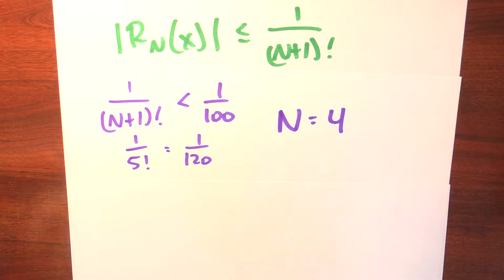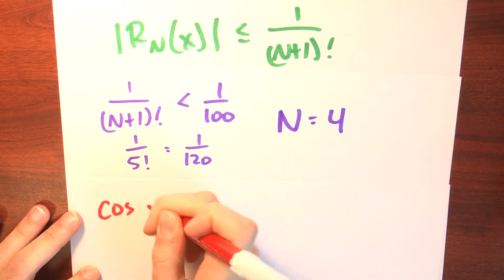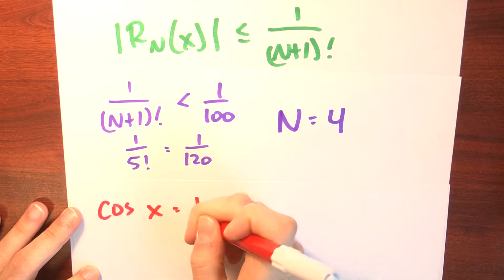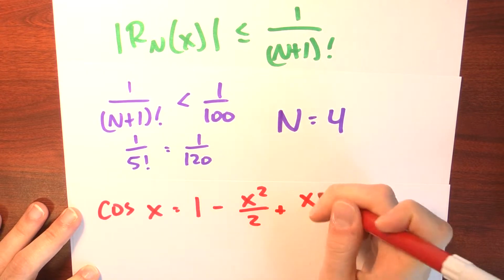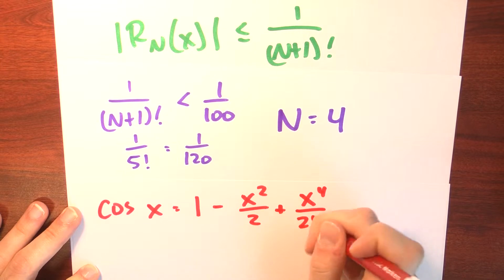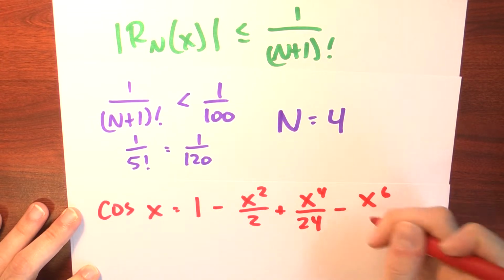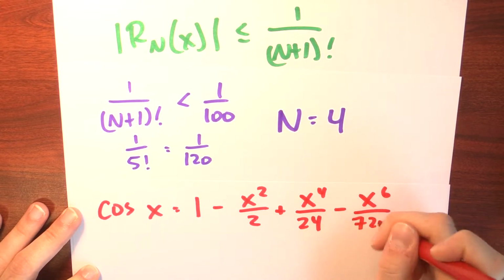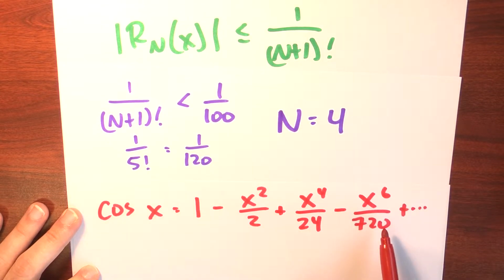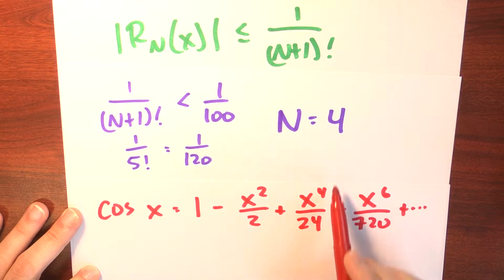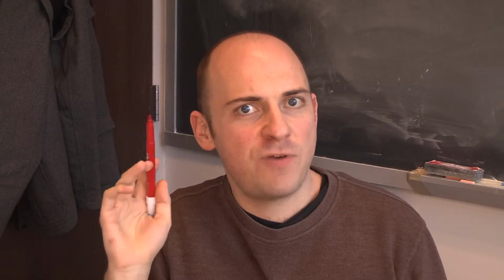But let's think about the Taylor series for cosine. Well, the Taylor series for cosine is cosine of x equals 1 minus x squared over 2 plus x to the 4th over 24 minus x to the 6th over 6 factorial, which is 720, and then it keeps on going. And the thing to notice here is that there's no x to the 5th term. Why is that relevant?